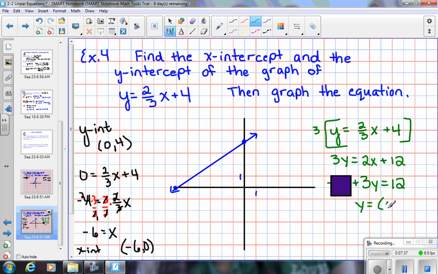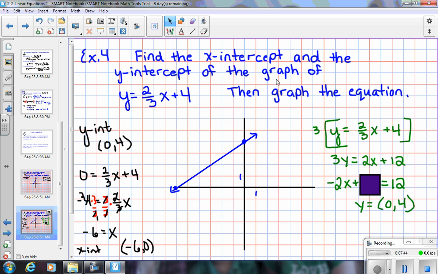So I get (0, 4). Then if I let y equal 0 and I solve for x, I can do this in my head, x equals -6. So I get the point (-6, 0). And these are my x and y-intercepts.